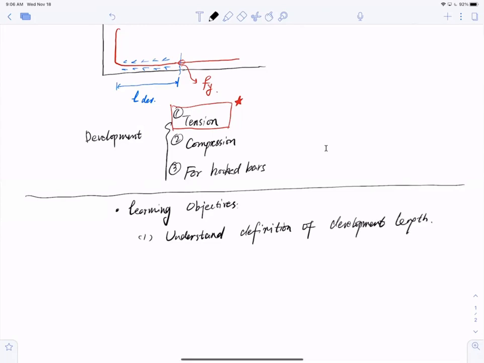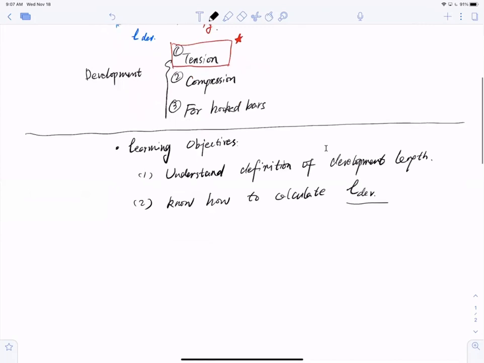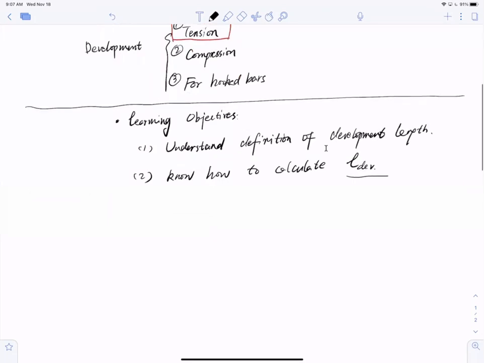The second is to know how to calculate development length. So this is our objective.